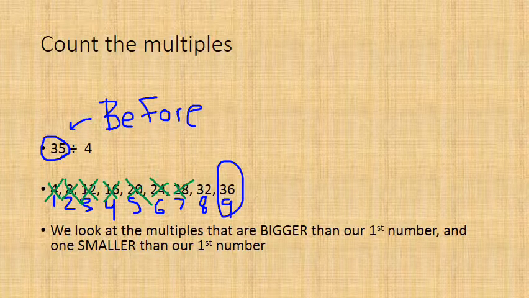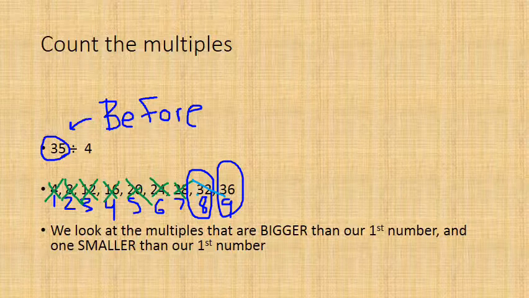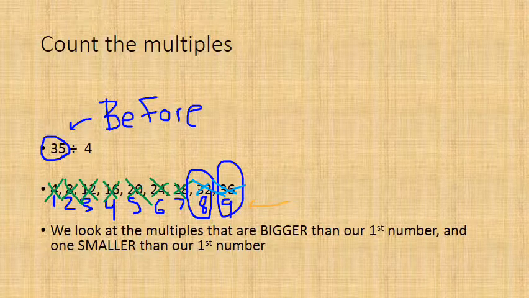So I circle that. And then the next number we look for is a number that's smaller. The first number that's smaller. That would be 32. Now this is really important here. 32, 36 are not what we care about. We care about our multiples, which are those numbers that are down below.